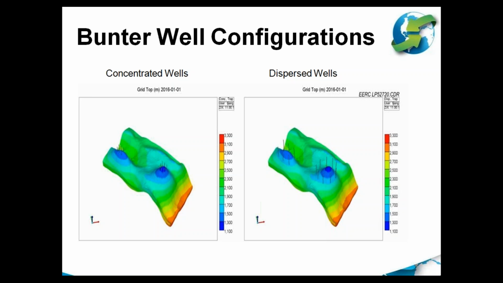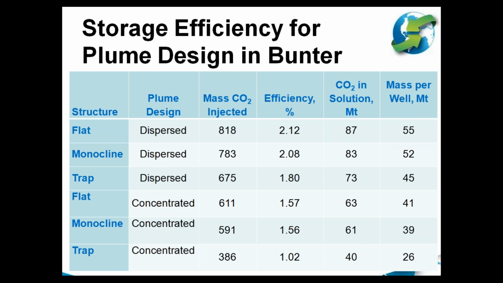They're perhaps not too easy to see, but on the left-hand side, the concentrated wells coincide with the dome peak in the center of that image, whereas the dispersed wells are around the fringe of that structure. And you can see the results here represented in a tabulated format, which show, as you might expect, higher efficiencies and greater capacity if the wells are dispersed.